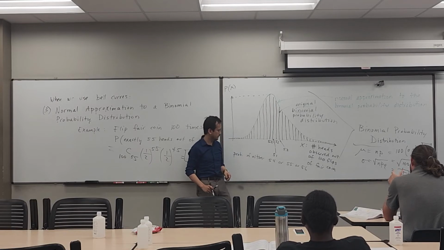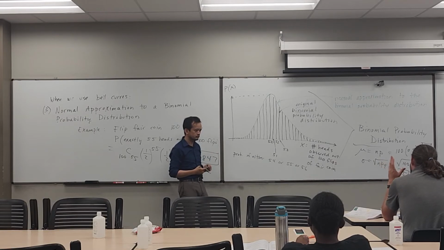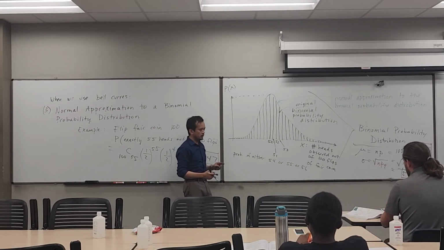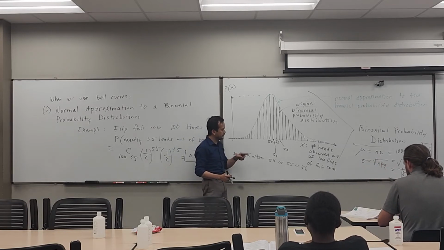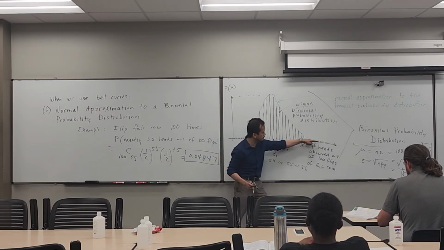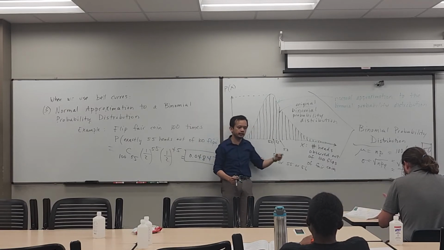Figure out your largest one, figure out your smallest one, subtract your answers from each other, and report the area between those scores. Okay, so what you're describing, finding the area, is what you do if you're assuming a distribution that is continuous. This green distribution is continuous, and you would find probabilities using areas.